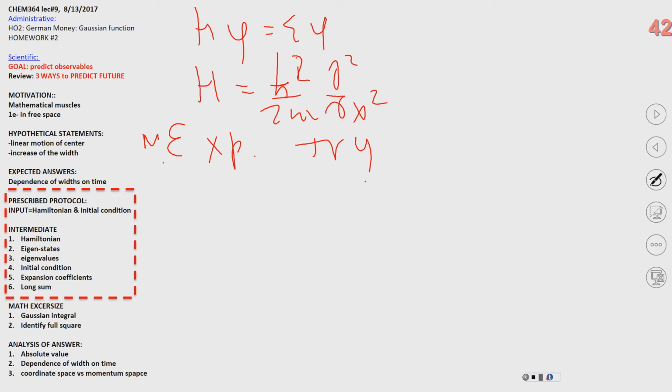Try e to the power minus i k x. Instead of k, we can use p over h bar, to have dimensions.